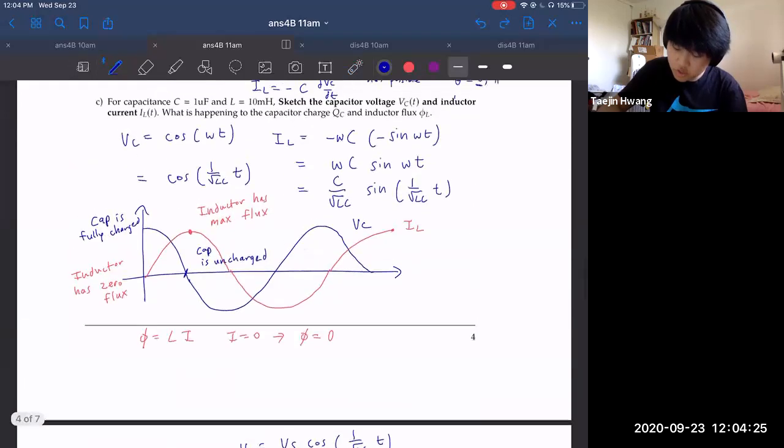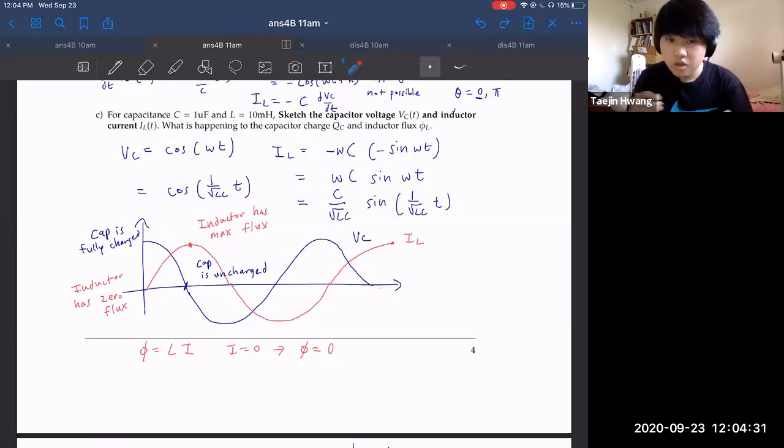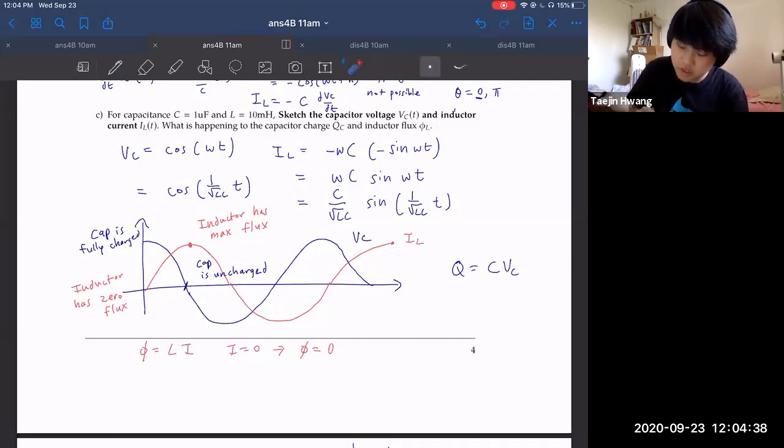I think you can show here that since the graph of VC is sinusoidal like this, and Q is equal to CV, it'll just be a scaled multiple of this graph. So the charge will be sinusoidal, and the current will also be sinusoidal, and the flux will also be sinusoidal. But the energy in the entire circuit is constant.